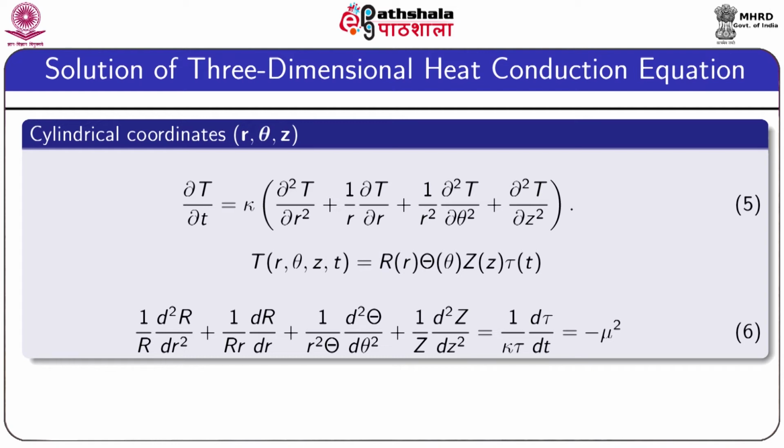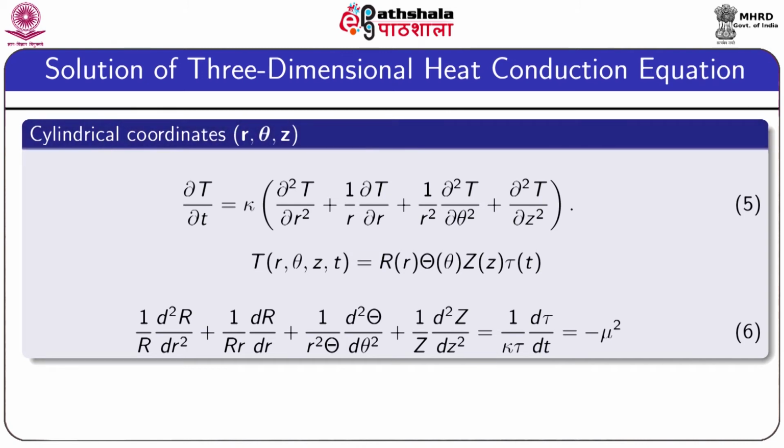Thus, we substitute T, written as a product of capital R, capital theta, capital Z and tau, in equation 5 to obtain the equation which is written in equation number 6.